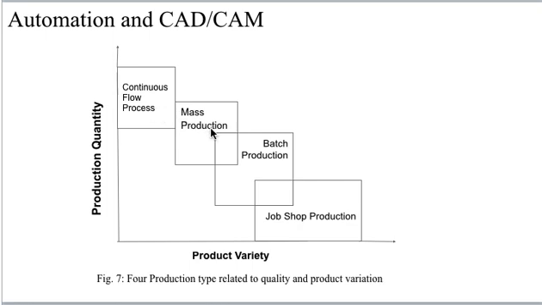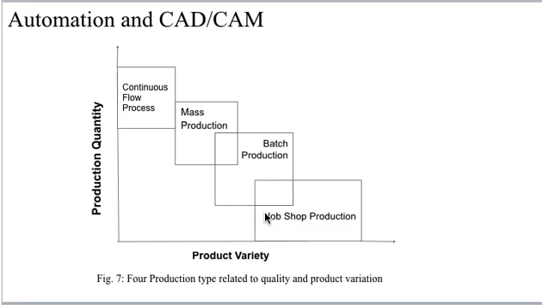In the mass production of discrete products category, there is dedicated production of large quantities of one product, perhaps with limited model variation, for example automobiles, appliances, engine blocks, etc. In the batch production category, medium lot sizes of the same product or component are produced.